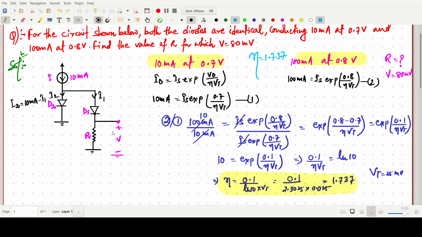Now we have to find this V. I am saying this voltage is V2, and this voltage is V1, across D1.